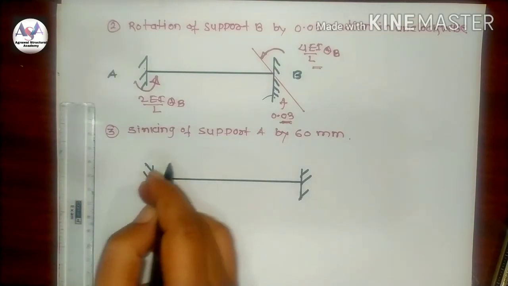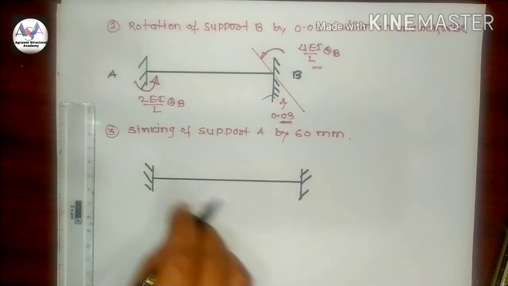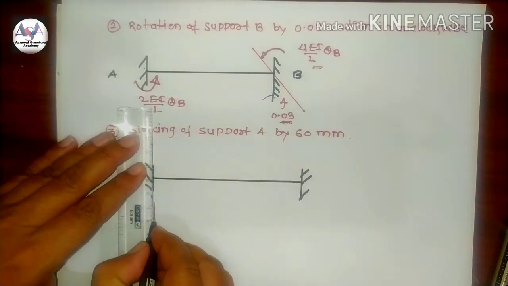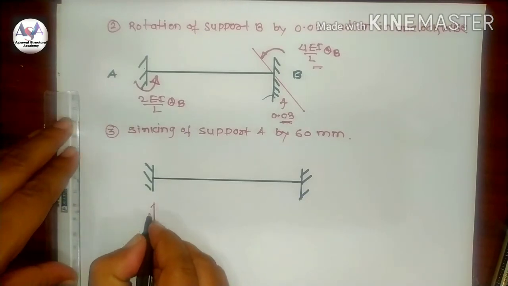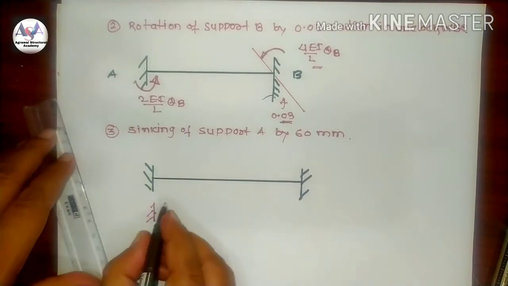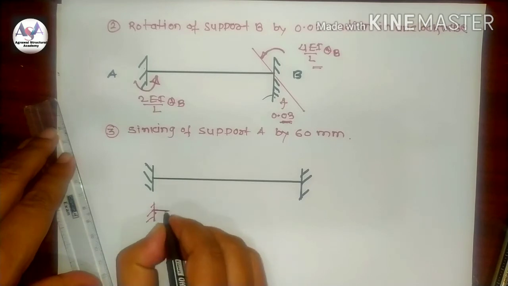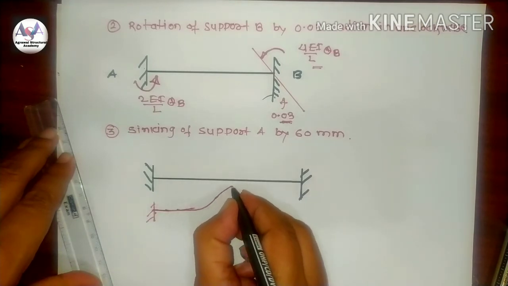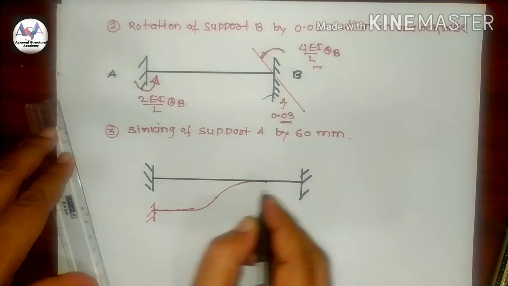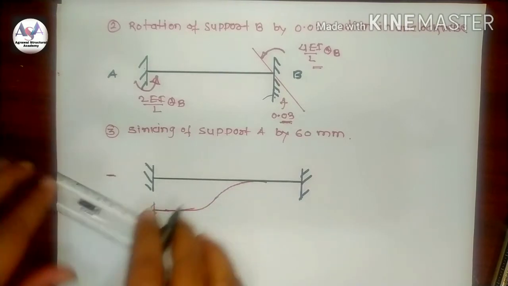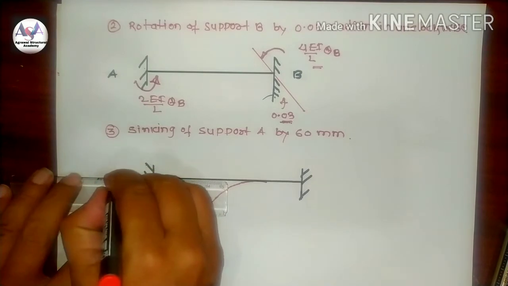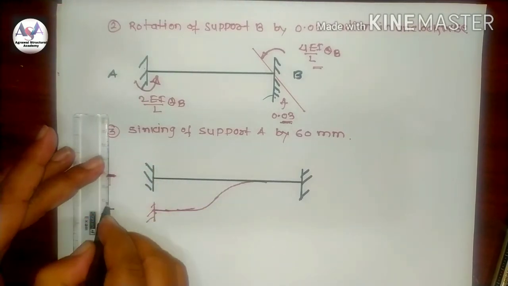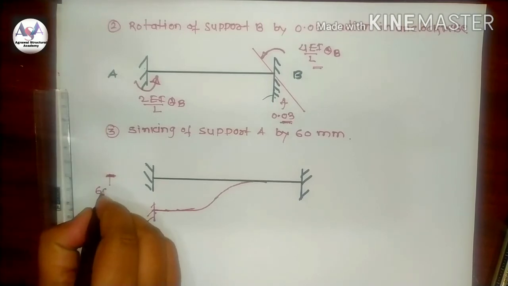Here is the sinking: this support sinks below by 60 mm. This height from the center of this beam to the center of this is 60.